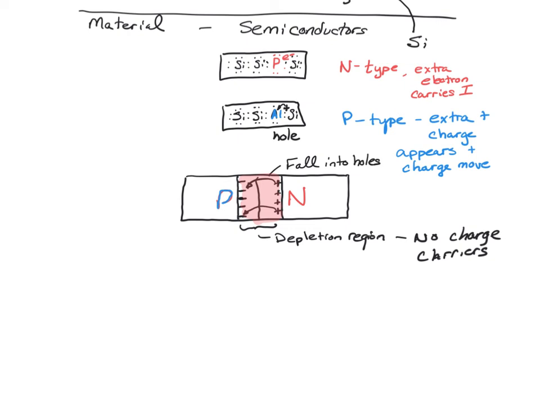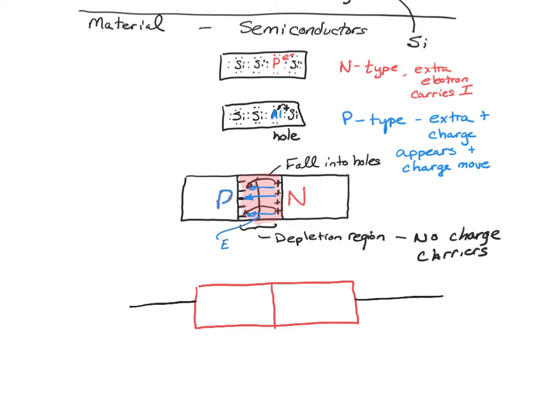Now, what do we do with this amazing thing that got a Nobel Prize? Well, it turns out that if you hook this PN junction up to a circuit, you can put an electric field in there by creating a voltage in the wires. First of all, I'm going to go up here and just outline what the electric field looks like in the depletion region. It goes from positive to negative charges.